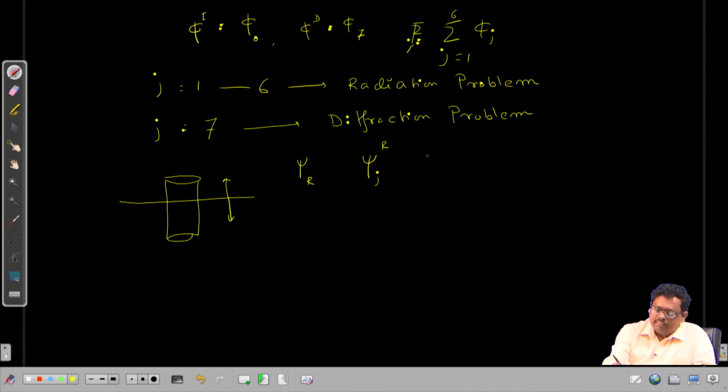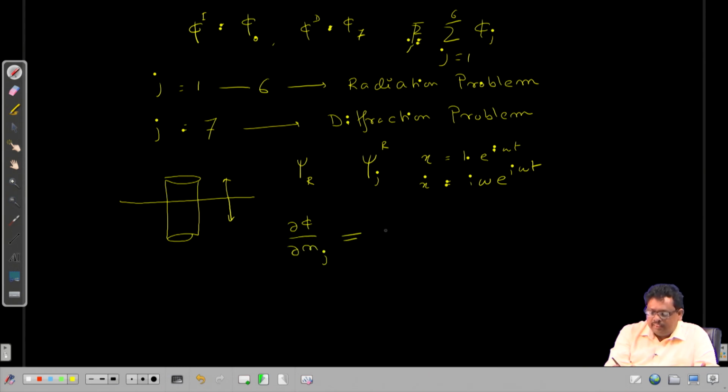So definitely my oscillation x is 1 into e to the power i omega t, right. Therefore, my velocity x dot should be i omega into e to the power i omega t. Now, my radiation condition is del phi del n in the jth mode equals v dot n in the jth mode.